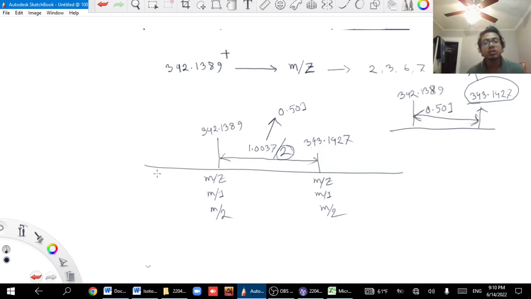So most of the time for a simple compound, you will find the charge is 1, but sometimes, if you are not lucky, you will find multiple charges like 2, 3, 6, 7. It happens for proteins or peptides.